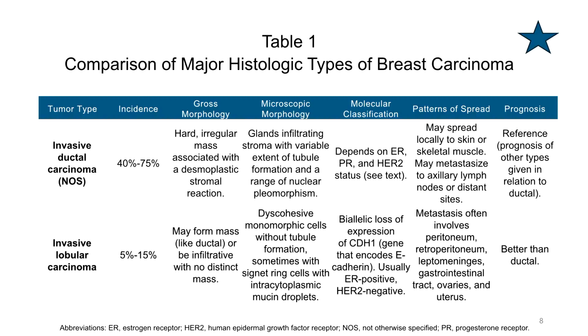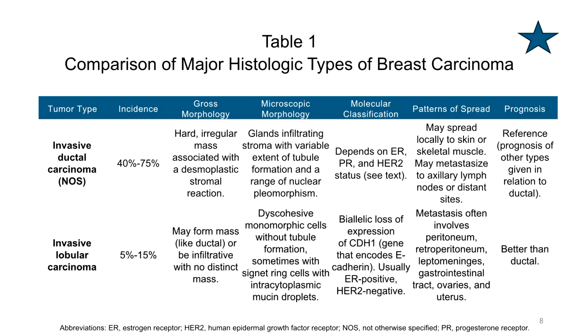And of course, there are also differences in the microscopic morphology that you don't need to know about. But what we do need to know, because it has to do with prognosis, is that invasive ductal carcinoma may spread locally to the skin or the skeletal muscle, but it can also metastasize to the axilla, lung, or to distant places.